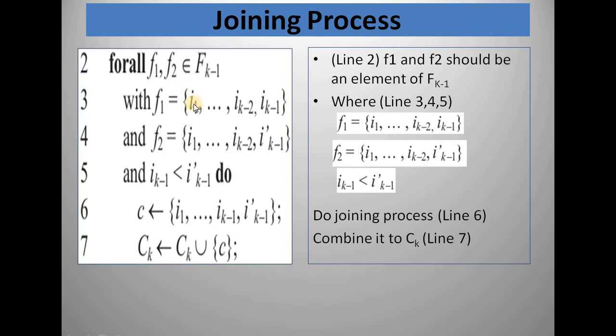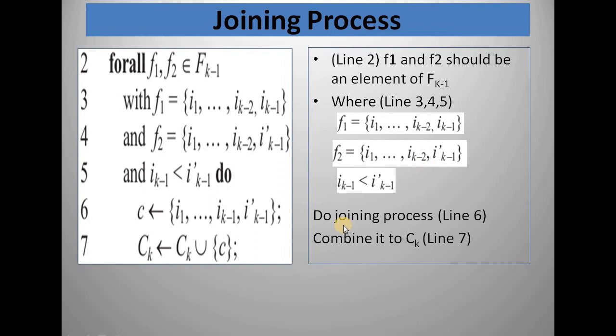How f1 and f2 are generated is explained in lines 3 to 5. That is, f1 should be i1 to ik minus 1, f2 should be i1 to i dash k minus 1, and ik minus 1 should be less than i dash k minus 1.